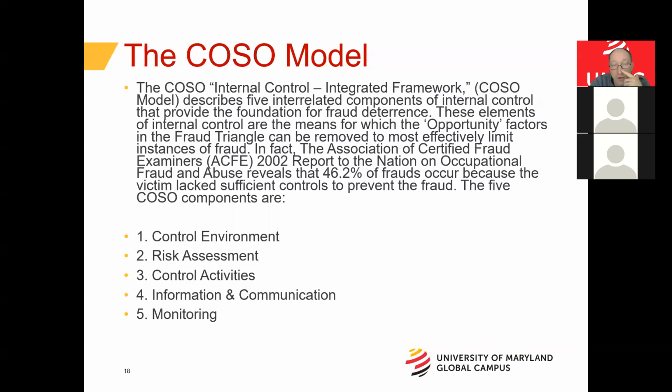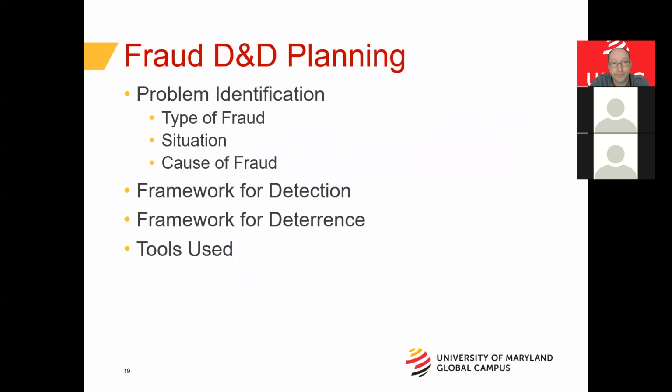These 5 components of the COSO framework help us to deter fraud, right? And prevent it. And so the COSO model, as you know, is in your classroom. Please take a look at it. I would encourage that you identify the COSO model in the third part of your project.